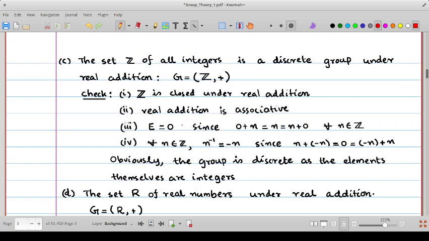Now we consider a third example. In this case, we consider the set of integers together with real addition as the group composition. So we need to check all the 4 properties. First of all, we see that the set of integers is closed under real addition. That is because if we take any 2 integers, say n and m, and add these 2 integers, we will get a third integer as a result.